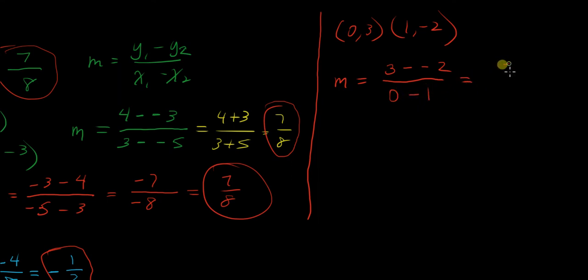That gives me 5 over 0 minus 1 is negative 1. And a positive divided by a negative is a negative. 5 divided by 1 is just 5. And so our slope is negative 5.